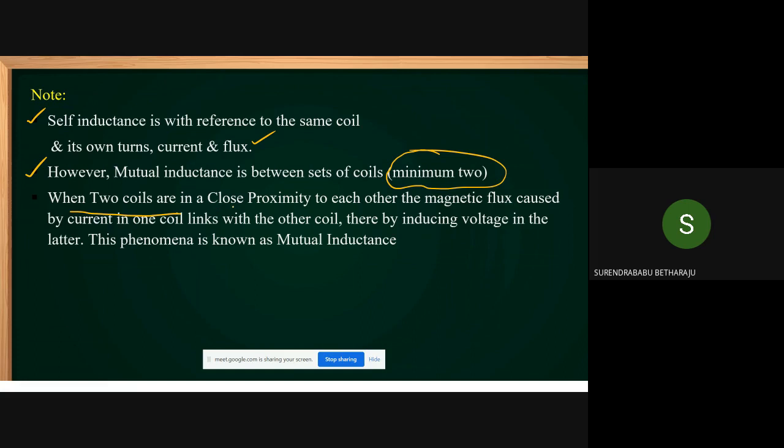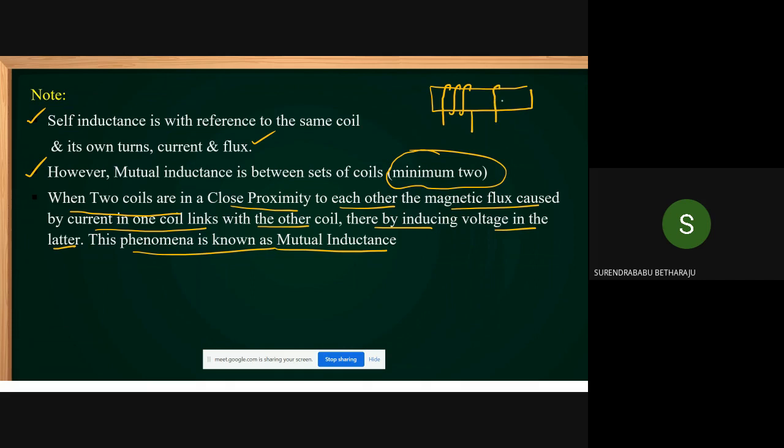When two coils are in close proximity to each other, the magnetic flux caused by current in one coil links with the other coil, thereby inducing voltage in the latter. This phenomenon is known as mutual inductance. We know that if two coils are coupled to each other, magnetically coupled to each other, and we give the current to only one coil, so we are giving the supply to only one coil, and this coil is carrying the current.